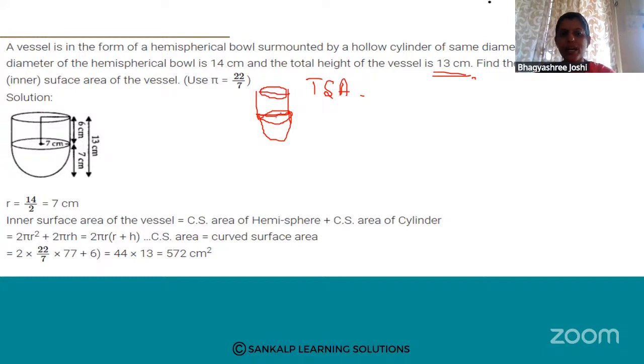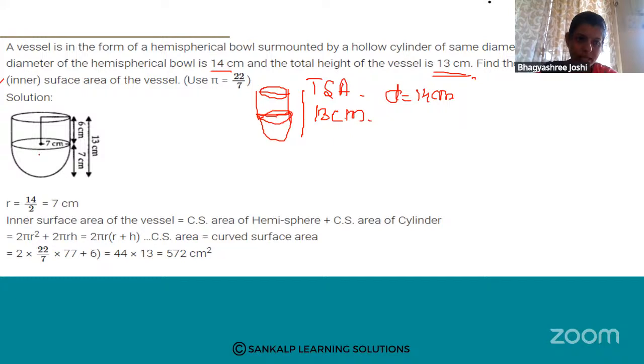So diameter of the hemisphere and diameter of the cylinder are same. The diameter of the hemispherical bowl is 14 centimeters. And the total height of the vessel is 13 centimeter. Find the total surface area of the vessel.